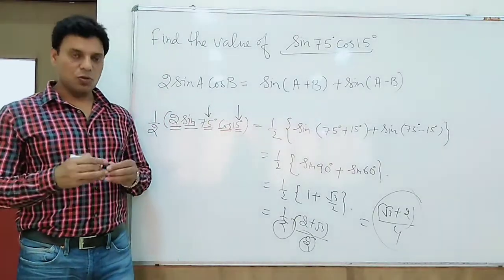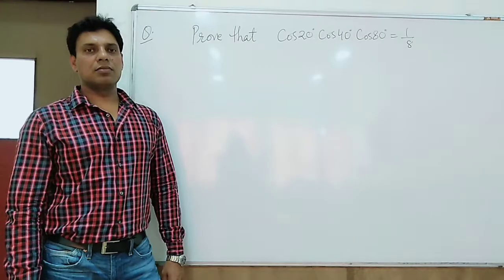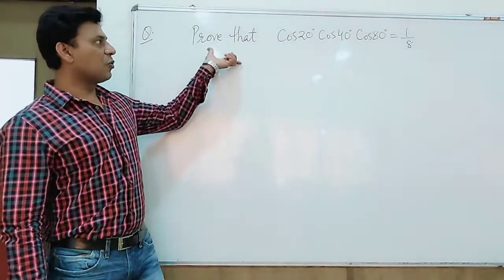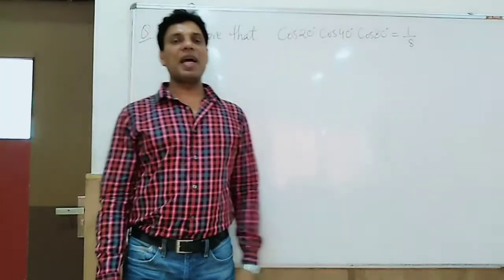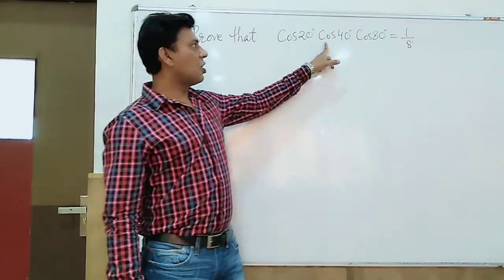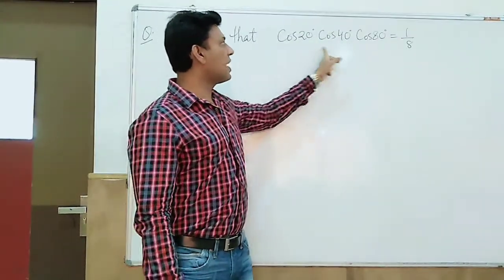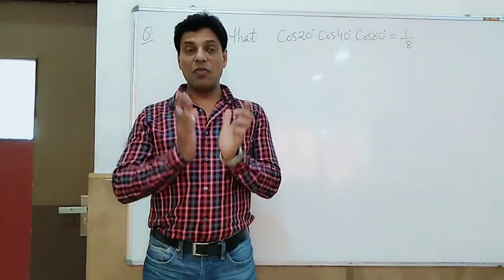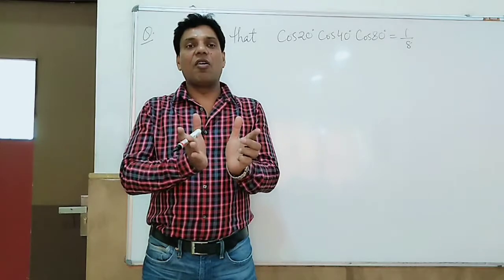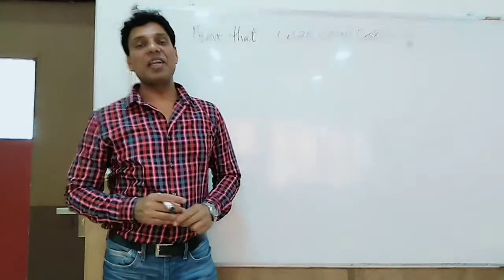Now we will do more questions. Now see this question. We have to prove that cos 20 degree, cos 40 degree, cos 80 degree is equal to 1 by 8. So cos 20, 40, 80, these are in multiplication. So we have to think that now we have to convert the product formula into the sum formula so that we can solve.